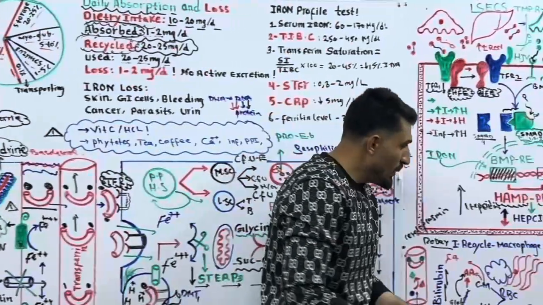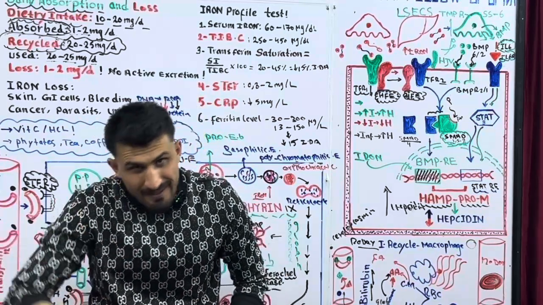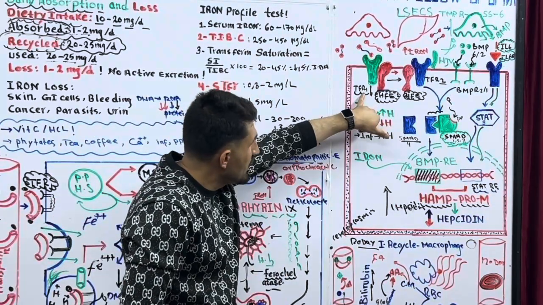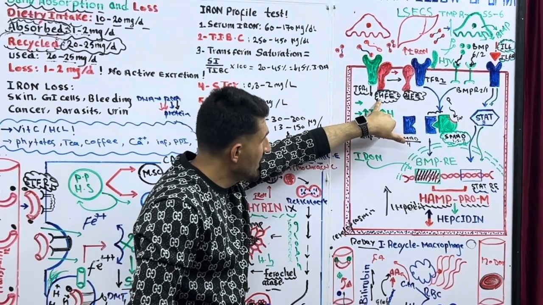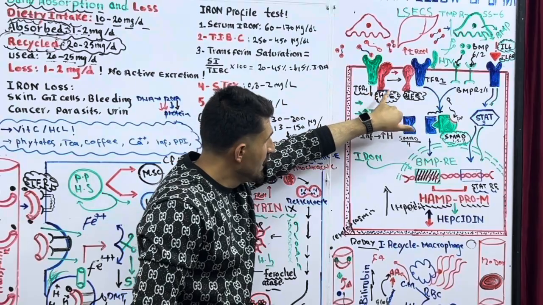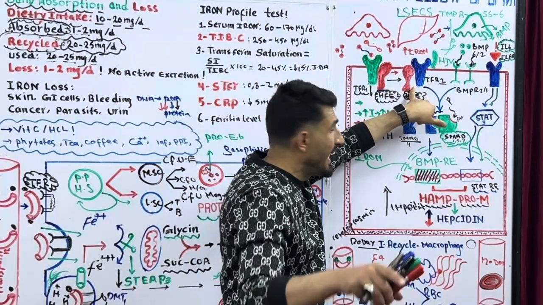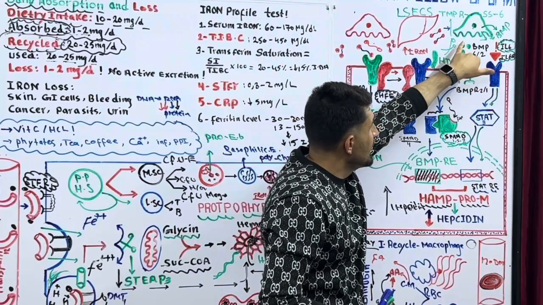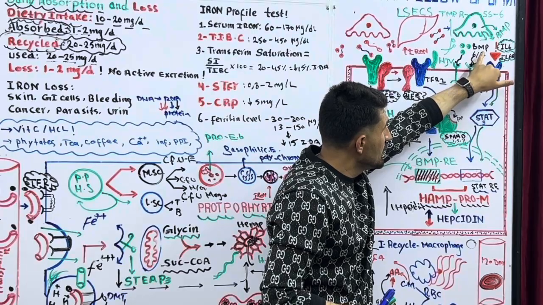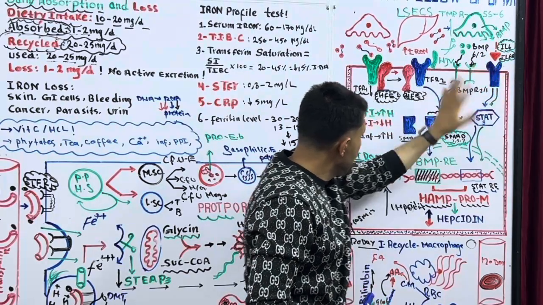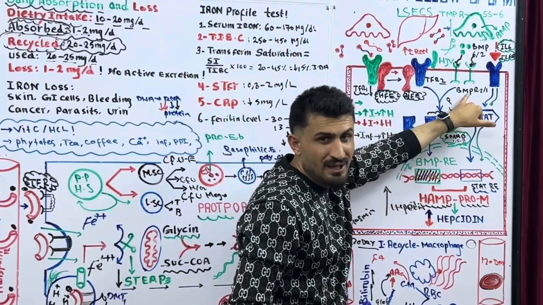And now I'm talking in reverse. When you have less iron, less transferrin receptor will be saturated. The HFE protein will not be dissociated from this point, and it will not stimulate the transferrin 2 receptor. Also, when you have less iron, the liver cells cannot produce BMP, and when you don't have BMP, plus when you don't have iron, you will not have BMP receptors.